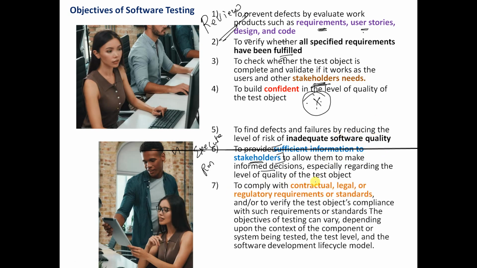Next is to comply with contractual, legal, and regulatory requirements or standards. Say, for example, you are developing automotive software and validating it. There is a concept called traffic sign recognition, the TSR feature.